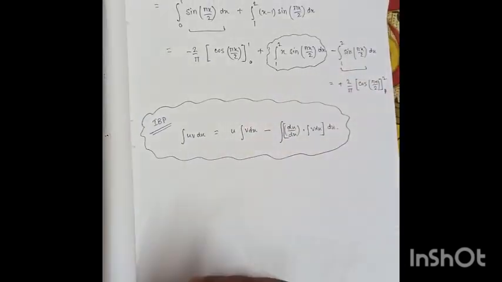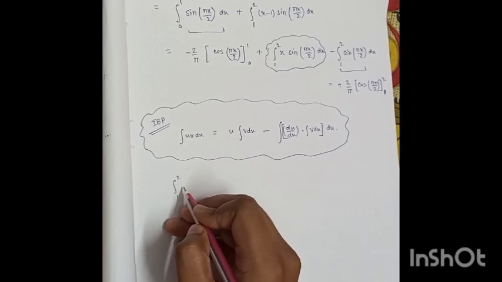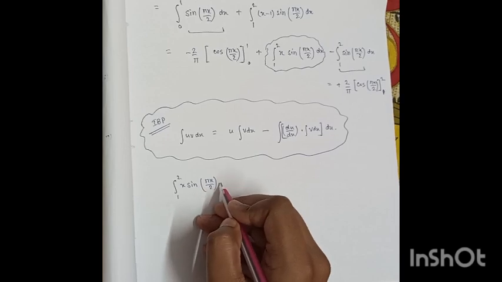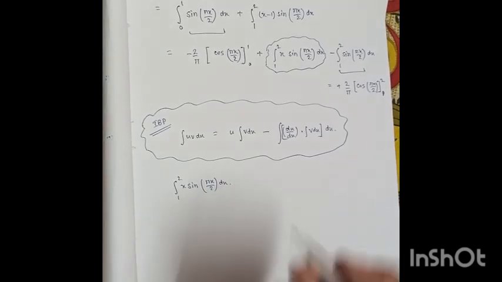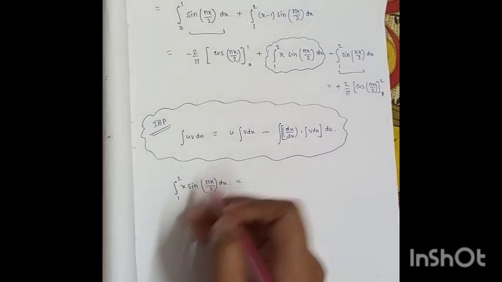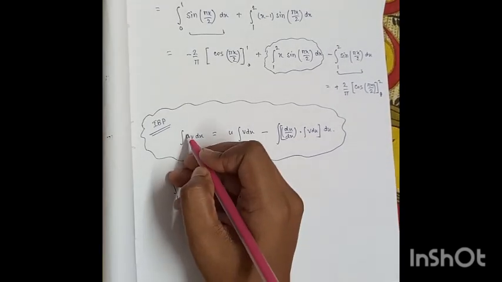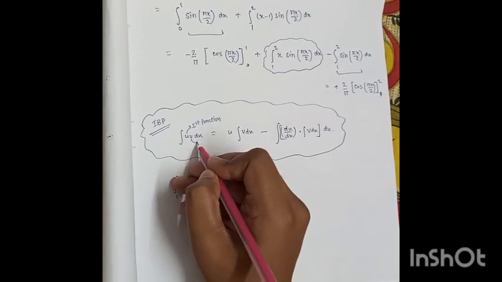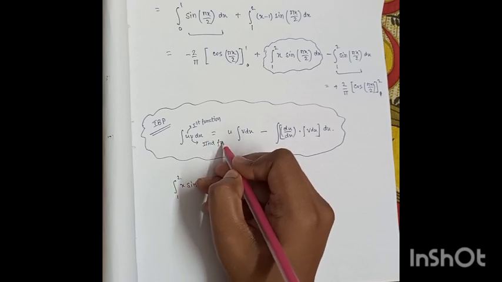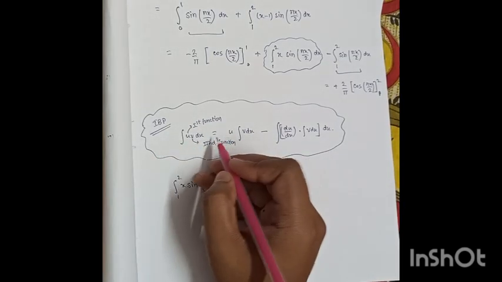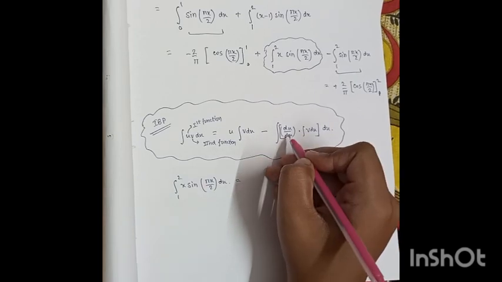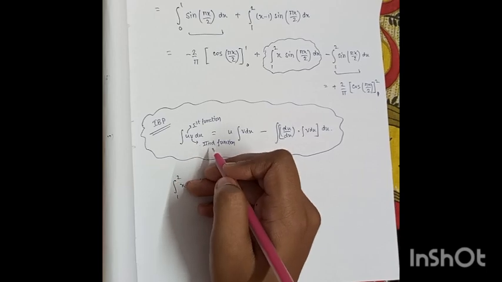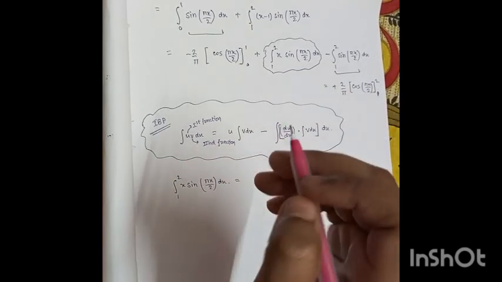integration by parts. Now coming to this particular integral, it will be x times sine pi by 2 x into dx. Now we have to apply the rule. So basically here u is the first function and v is the second function that we have to choose, such that for the first function we choose, the differentiation of that function will be easier, and for the second function we choose, the integration of that second function must be easier.